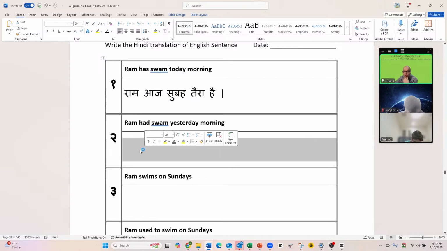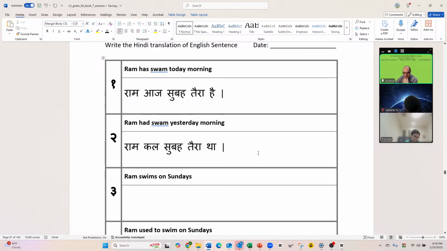Now, I hope you are doing it on your own and you are not using Google Translate, because I want this to come from your heads. Ram kal subah ko, and you can say kal subah or kal subah ko. Ko is optional. No problem. If you want to put ko, put ko.